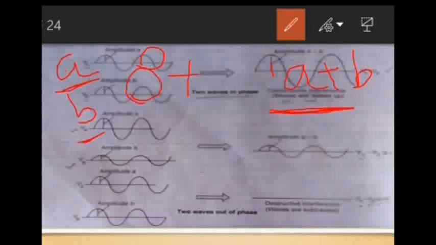Next, psi A having amplitude A and psi B having amplitude B, and psi A minus psi B means they combine by the method of subtraction. Then after the subtraction, amplitude will be A minus B, in the case A greater than B. These two conditions are when two waves are in phase, and when two waves are out of phase.